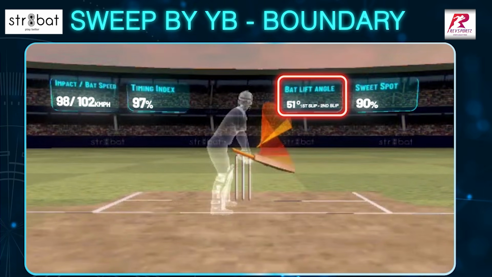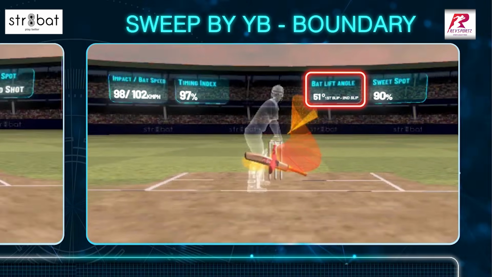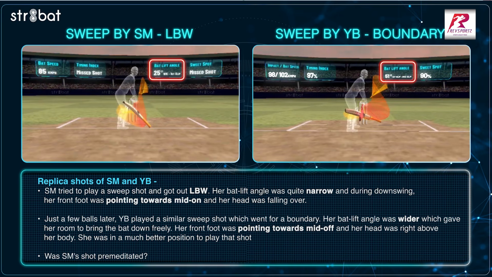A few balls later, Yastika Bhatia played a similar sweep shot, which went for a boundary. Her bat lift angle was wider, which gave her room to bring the bat down freely. And her front foot, instead of mid-on, was pointing towards mid-off. And her head was right above the ball. And she was in a much better position to play the shot.